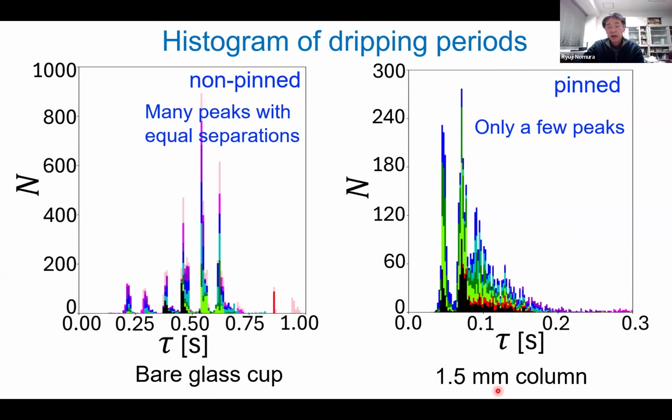But for this 1.5 millimeter diameter column, the droplet edge is pinned, and you see only a few peaks in a shorter time scale, but at a longer time scale, we don't have a peak-like structure. So we have no quantization for the dripping period for this pinned case.